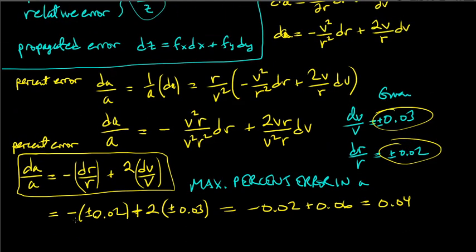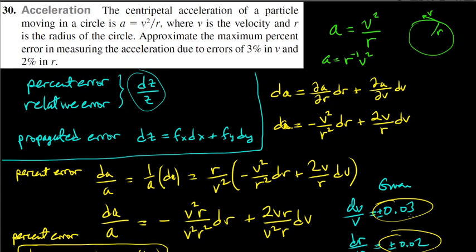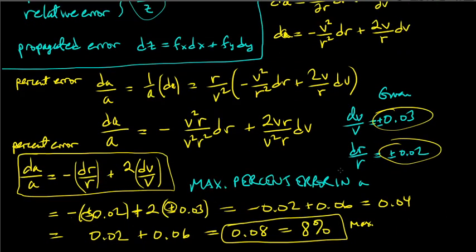If you use the minus sign here, you get a negative of a negative, positive 0.02, and then use the positive here to get positive 0.06, that gives you 0.08, or 8%. So this is the maximum percent error in the acceleration.